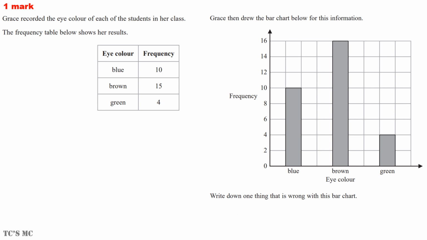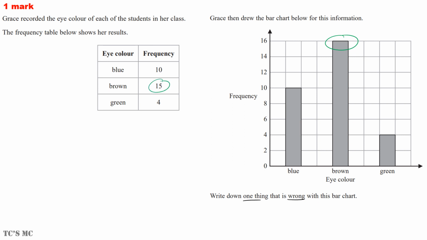Grace recorded the eye colour of each of the students in her class. The frequency table below shows her results. Grace then drew the bar chart below for this information. Write down one thing that is wrong with this bar chart. If we look at the bar for brown, it goes as high as 16. However, the frequency table says 15.